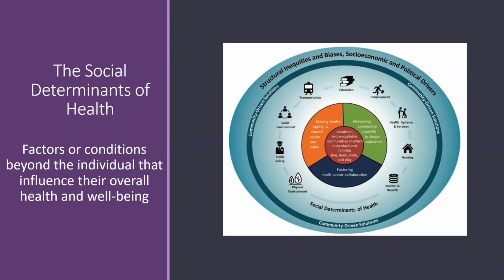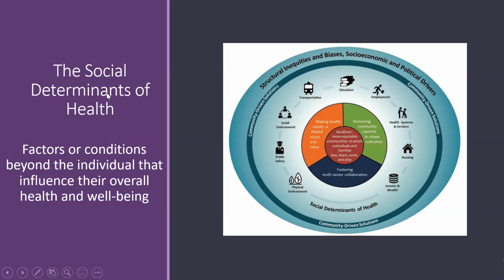You will see that around the outside that structural inequities and biases, socioeconomic and political drivers, those really encompass everything that occurs within our social determinants and what influences our health. And so when we talk about the social determinants, we always need to use the lens of those inequities and biases and other drivers of health, because none of those things exist on their own.